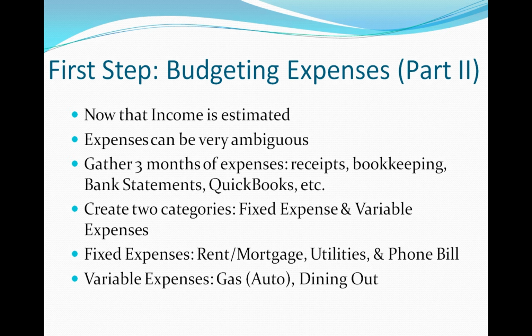Depending on what kind of phone contract you have, it could fluctuate, but I decided just to put it here. For variable, we have gas, because chances are this is the easiest one to identify as variable, and we also have dining out.